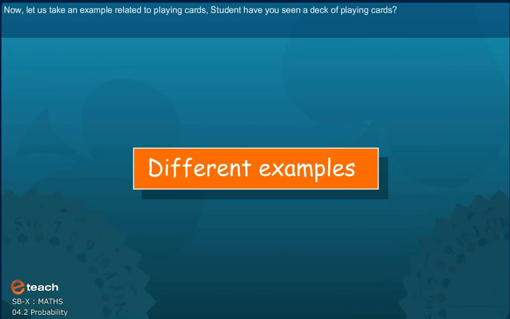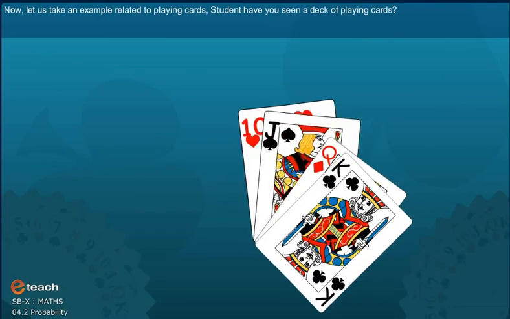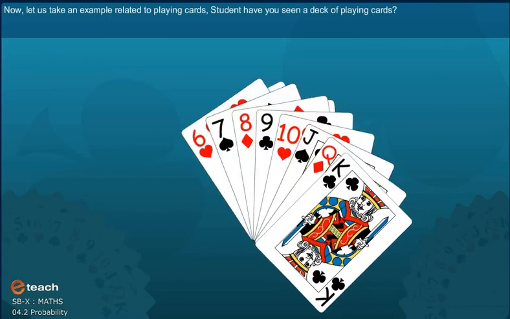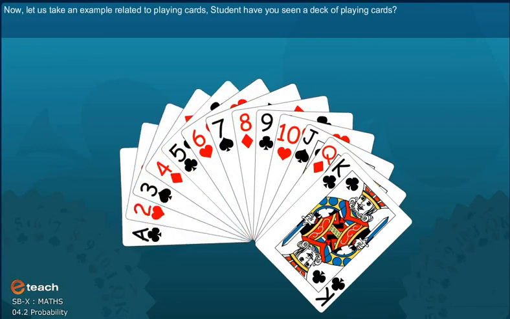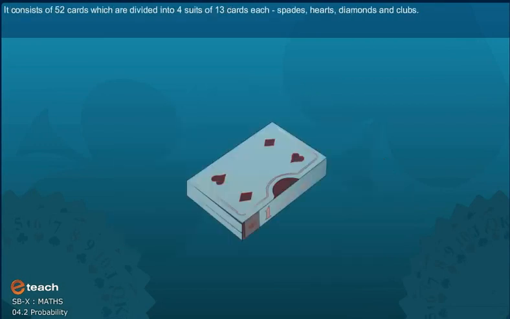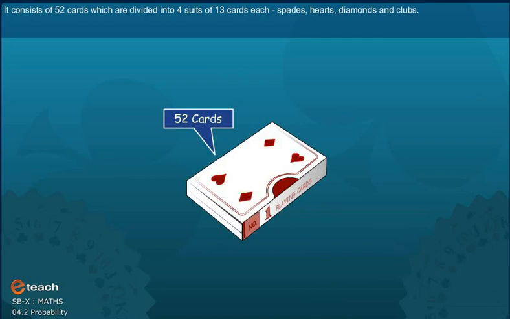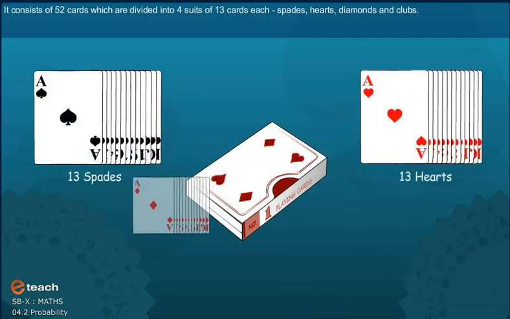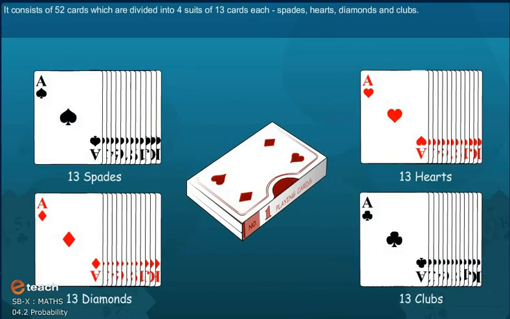Now let us take an example related to playing cards. Student, have you seen a deck of playing cards? It consists of 52 cards which are divided into 4 suits of 13 cards each: spades, hearts, diamonds and clubs.